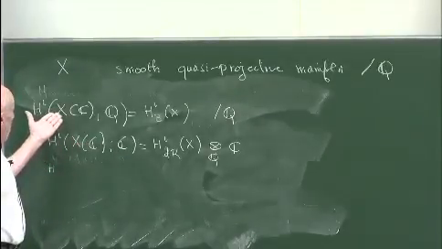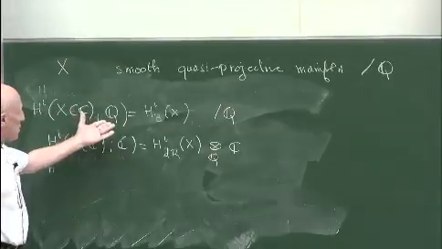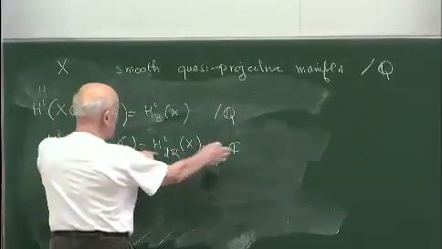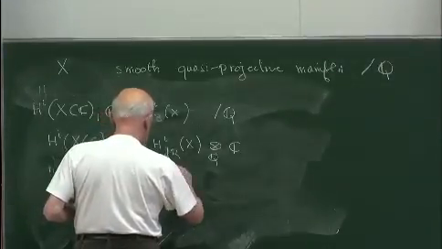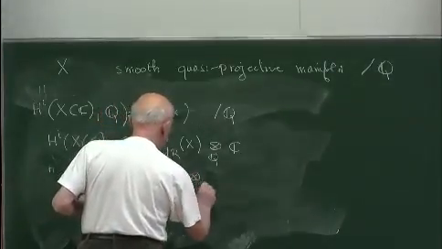Start with the ordinary cohomology with rational coefficients, and then take the tensor product. So it's H^i_B(X) tensor over Q with C.